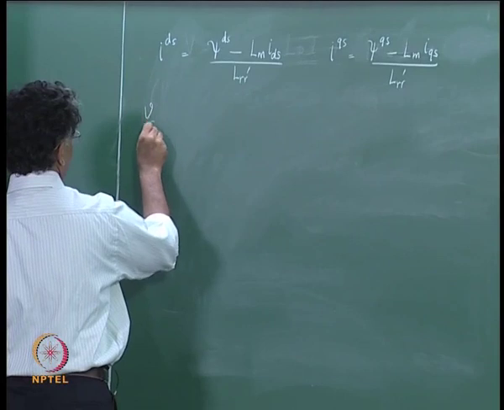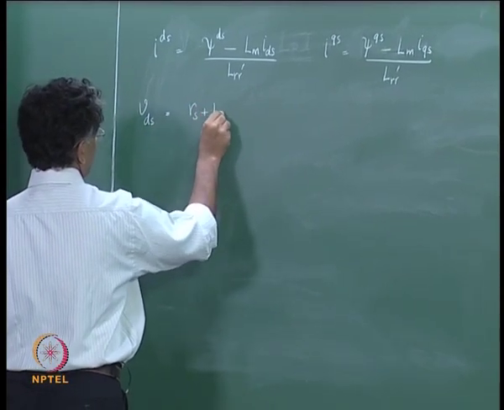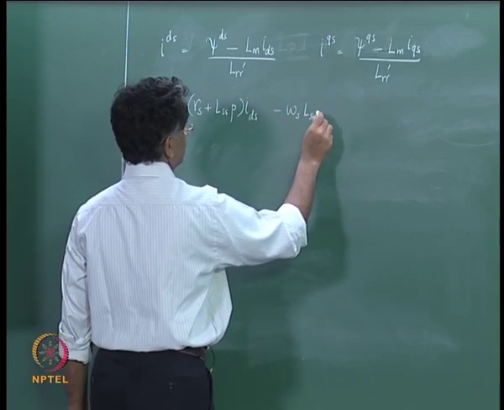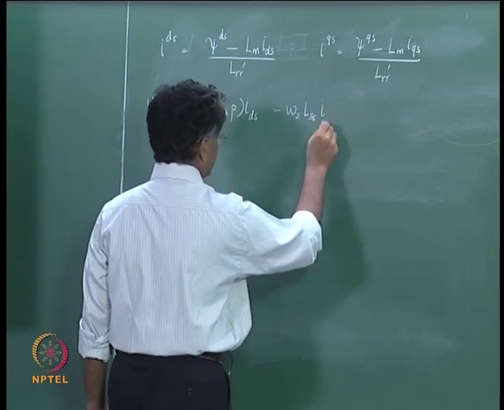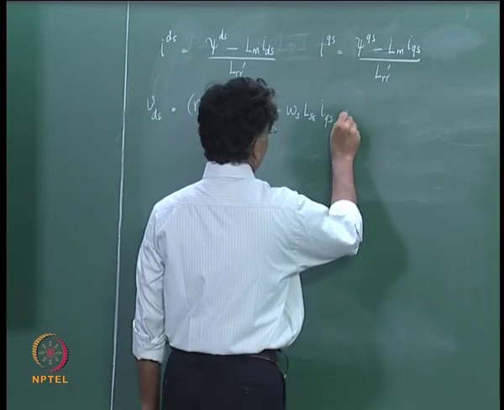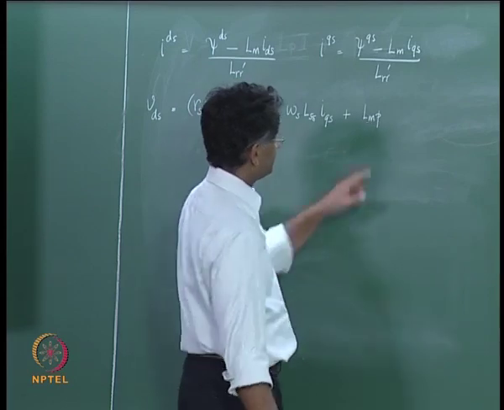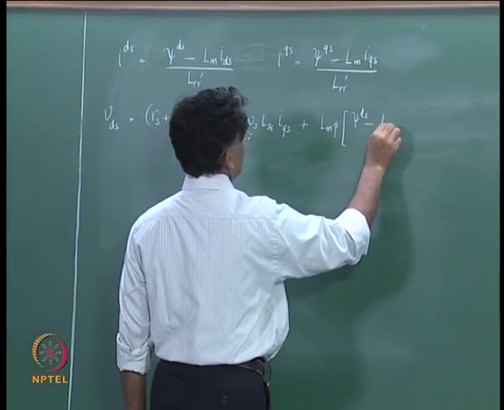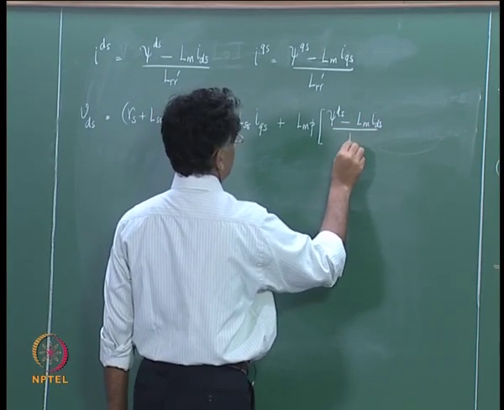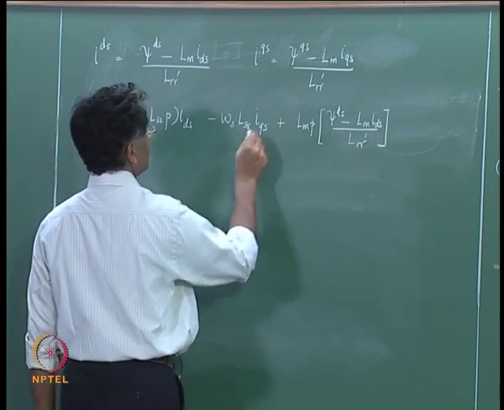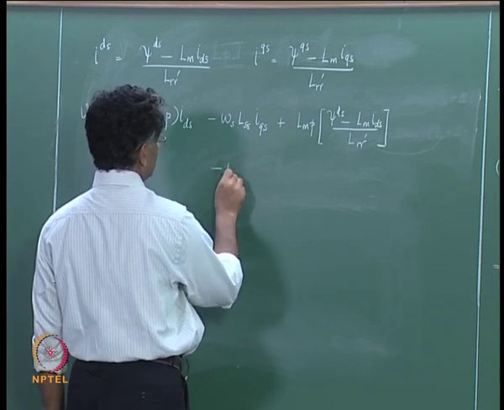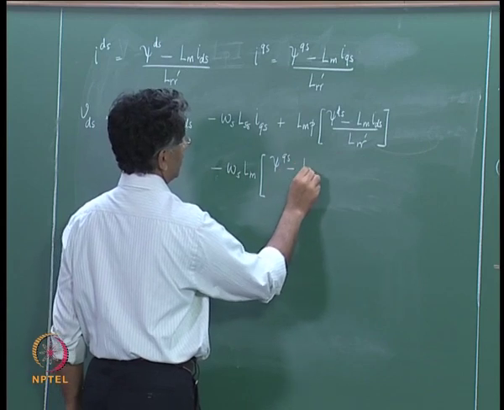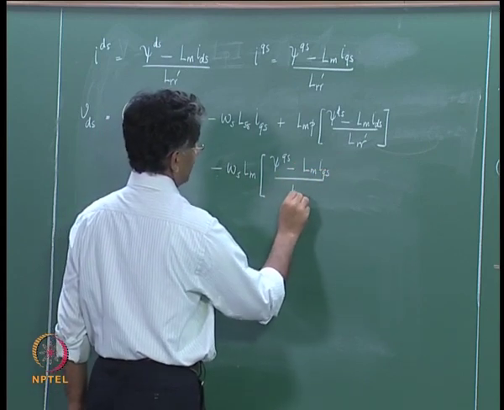So, let us look at the first equation again. You have Vds is Rs plus Lss p into Ids, and then you have minus omega s Lss into Iqs, and then you have Lm p into Ids', that now becomes psi ds' minus Lm into Ids by Lrr', and then you have minus omega s into Lm into Iqs', that now becomes psi qs' minus Lm into Iqs divided by Lrr'.